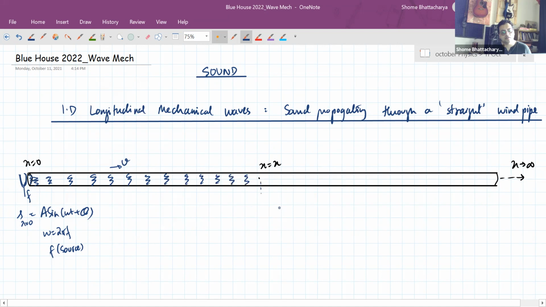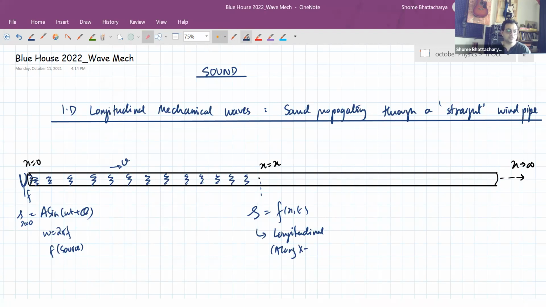So then at a general point x equal to x, the displacement becomes a function of x and t. This is the longitudinal displacement, along the x-axis, of medium particles as a function of position, that is the mean position at x equal to x for any particle, as an instantaneous quantity at time t.